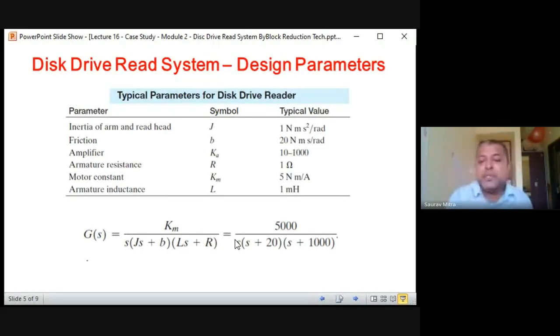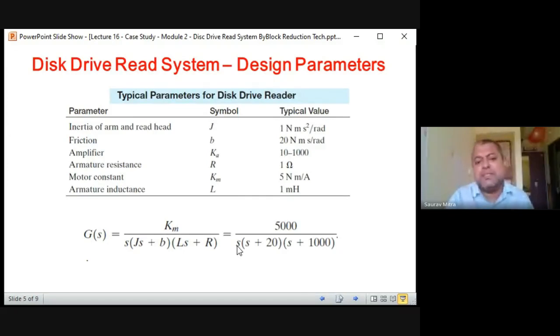In that case, if there is only (s + 20)(s + 1000) in the denominator of G(s)H(s), we say this is a type 0 system. In this case, there is only s multiplied, so it's a type 1 system. If this was s square, it would have been a type 2 system. If this was s cube, it would have been a type 3 system.